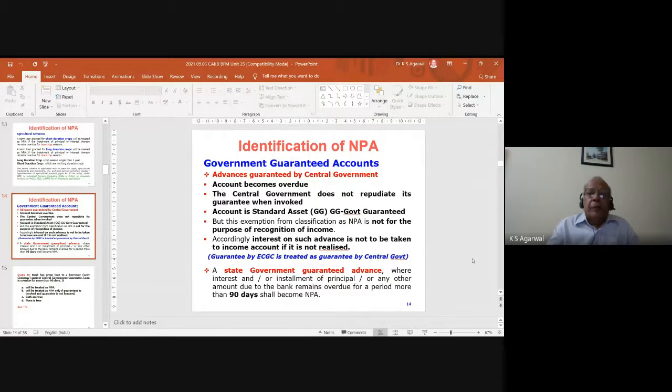If this account becomes overdue, even then it will continue as a standard asset under one condition: that the central government does not repudiate its guarantee when invoked. When the bank invokes the guarantee, the central government has not rejected or denied the guarantee.